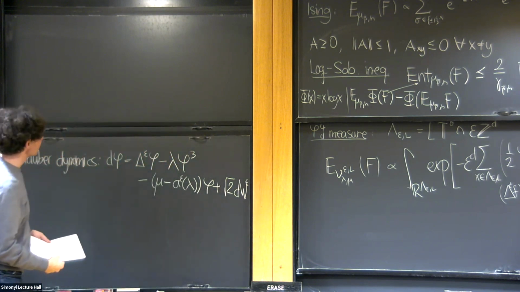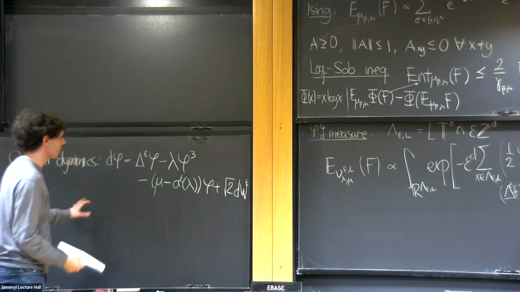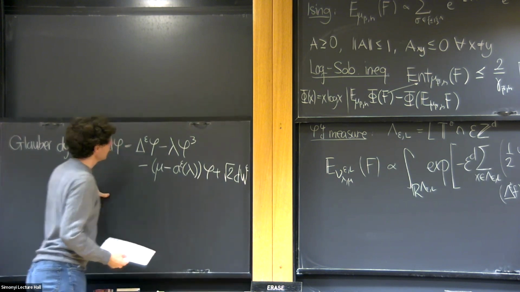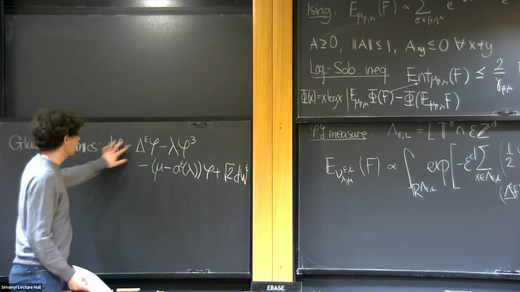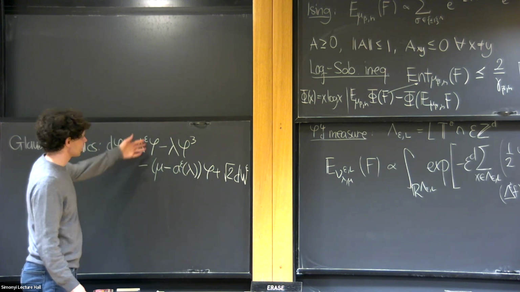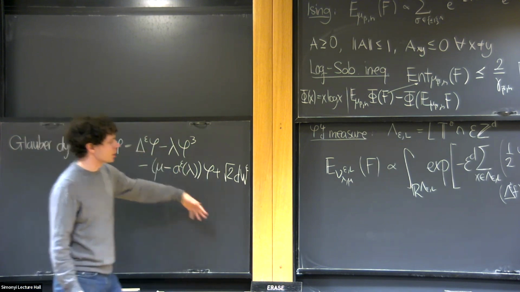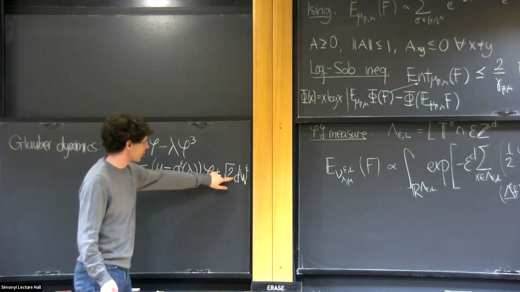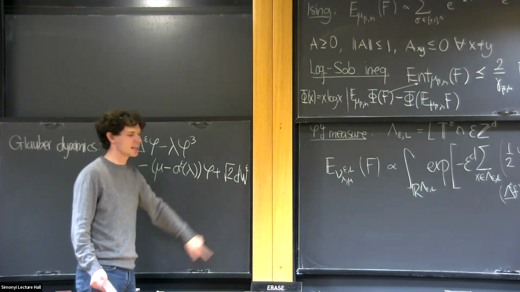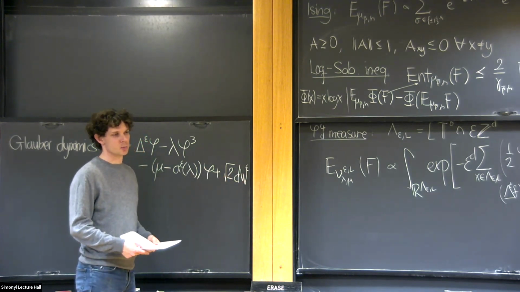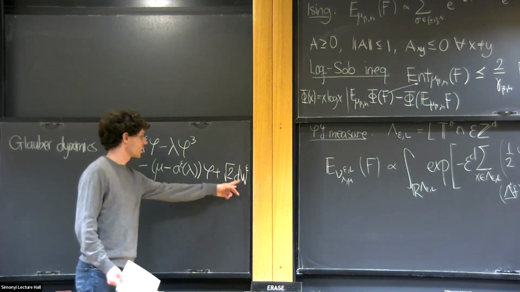It's this sequence of SDEs, if you like, in the finite dimensional setting. It's just the gradient of whatever is in the exponent there, plus square root 2 times dW, and dW is what would be called a space-time white noise.